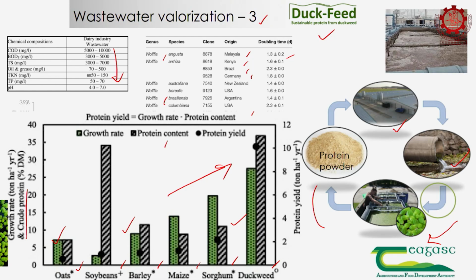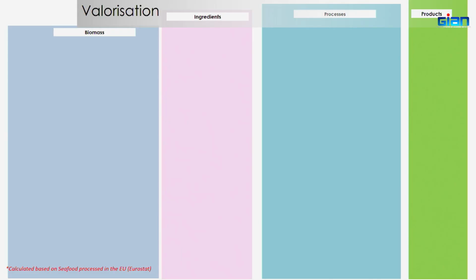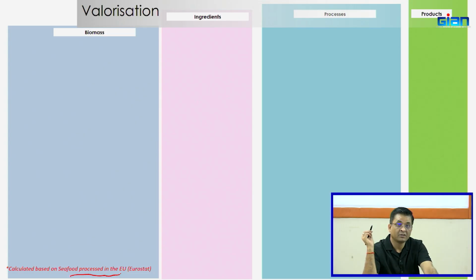Whereas in China, Southeast Asia, this is carried out, and Israel is another country that does duckweed production extensively. Yeah. So this is quite a complicated matrix. Yeah. And now this is being calculated based on seafood.